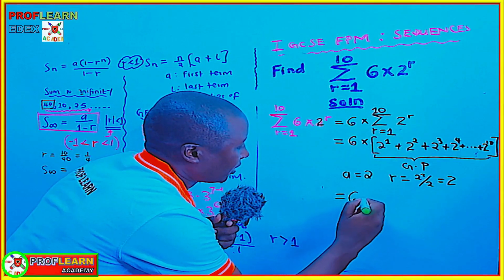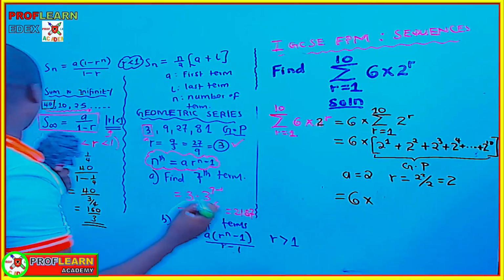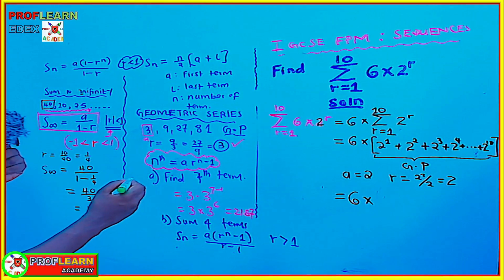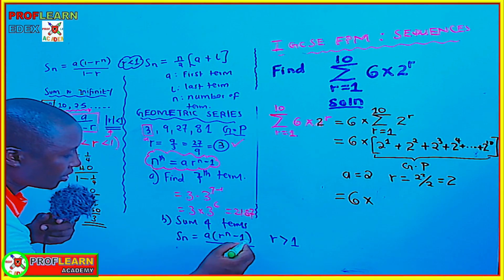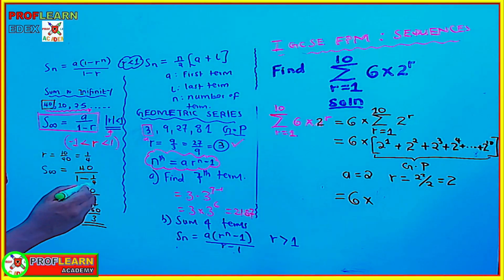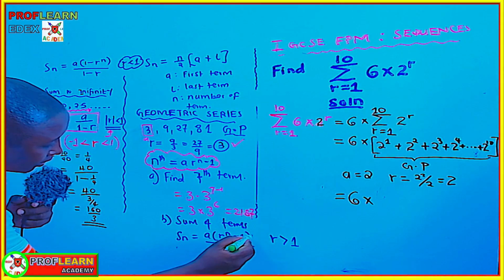So this is going to be 6 times, using the formula that we learned, the formula that we stated, the sum of n terms. This one here.